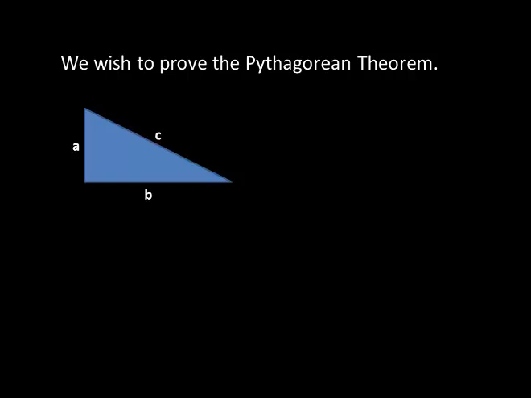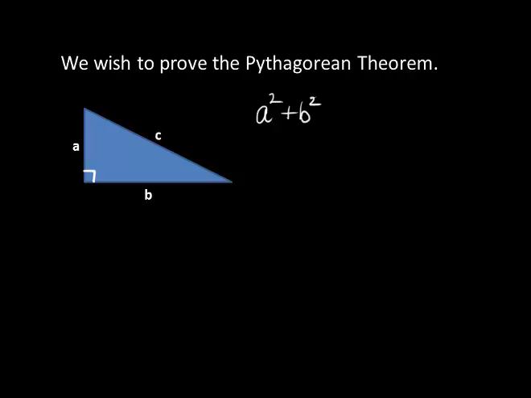So let's state the Pythagorean theorem. We know that this is our 90-degree angle here. So everyone knows it's a squared plus b squared equals c squared. But of course, a and b are the lengths of the legs of the triangle.